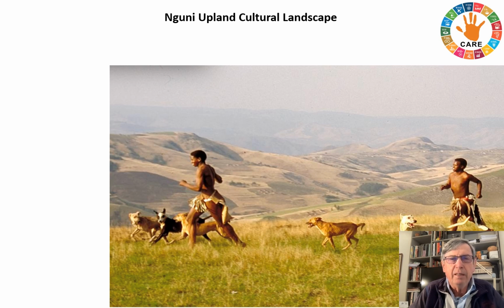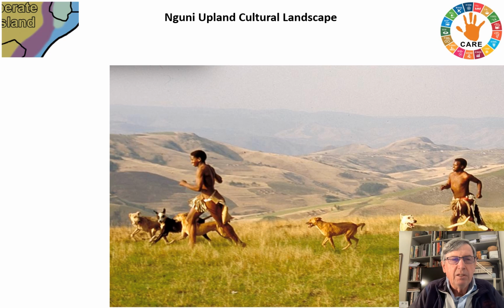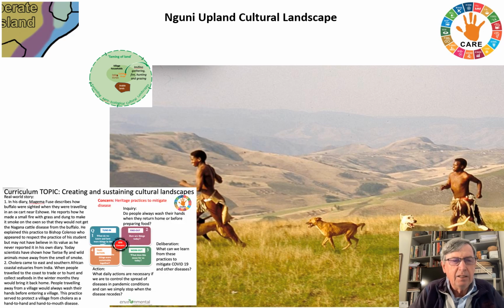Now to the Nguni upland cultural climate of the Zulu. This I found as a free picture on the internet, and it really reflects the dynamics of this grassland, like in Hlubisa, looking down on Hluhluwe, which of course is now forests, but it was a cultural landscape of grassland that was developed from the forests, both the coastal forests, through the land taming of this area on a massive scale, and very successful and highly sustainable.